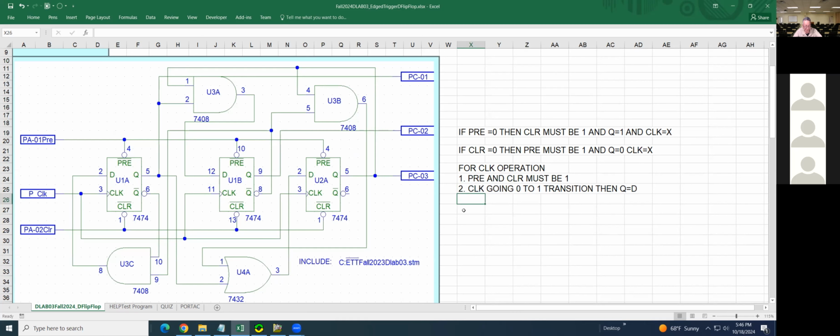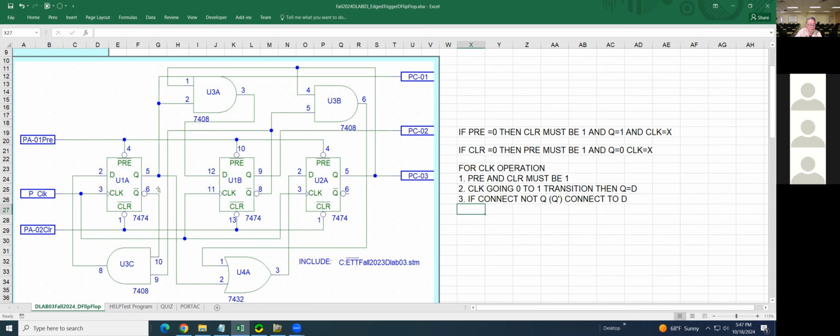And number three, I want to ask you, if you connect NOT Q, you know that Q and NOT Q here, connect to D. What happened?